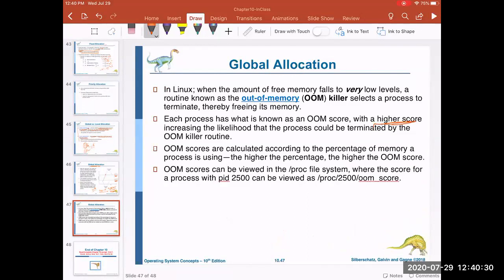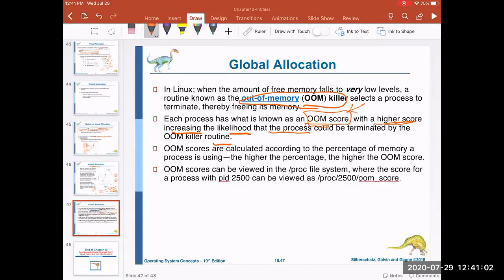There is an OOM score for each and every process, and the process with the highest score would be terminated by the OOM killer routine. This routine creates an out of memory signal and tries to kill the processes which have the highest OOM scores.